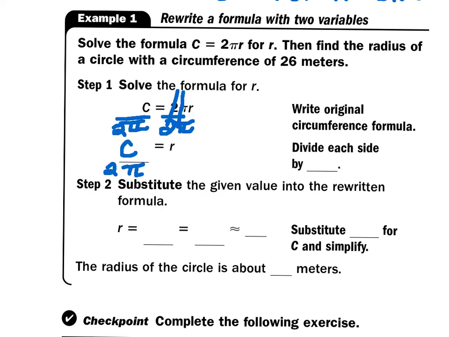Now I need to go ahead and substitute my 26 meters in for c. And it is best, especially in science, if I go ahead and write the unit for the number beside it.